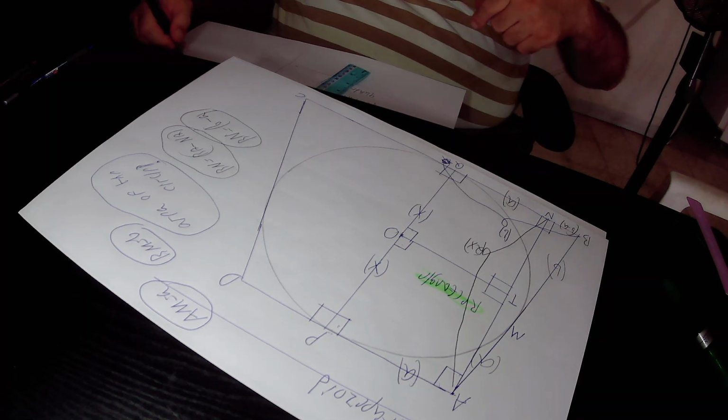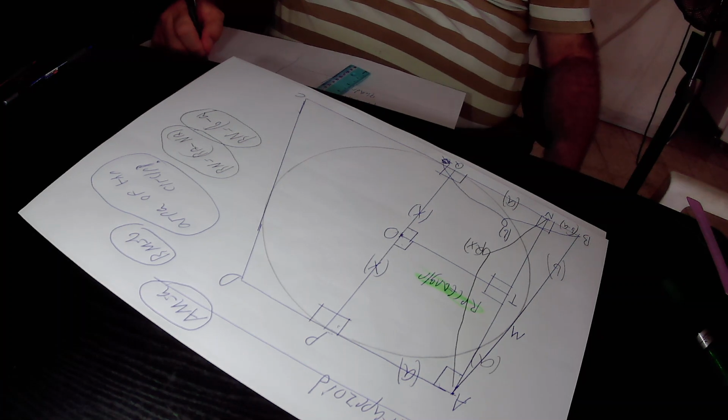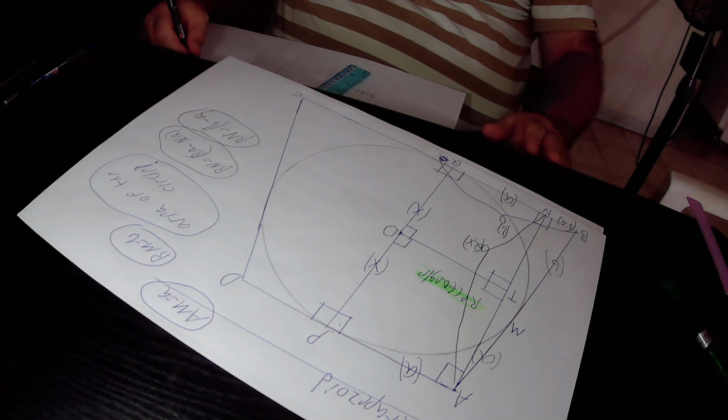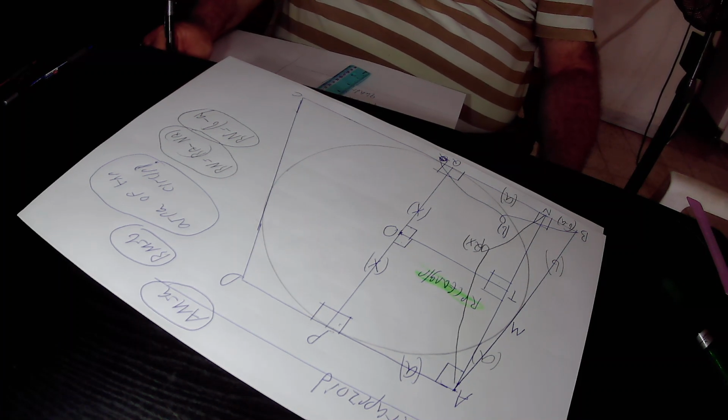Side AN equals 2x units in its length, side BN equals B minus A units in its length, and the hypotenuse AB equals A plus B units in its length.